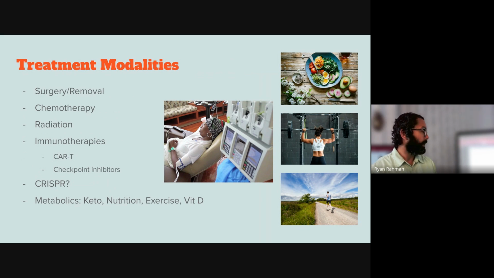So immunotherapy, this is actually changing your body's immune system in some way to then recognize the cancer. Immune evasion, evading the immune system, is a major feature of cancer cells.